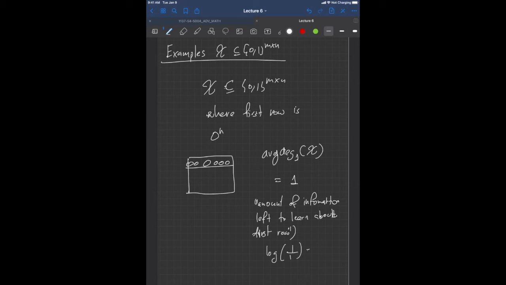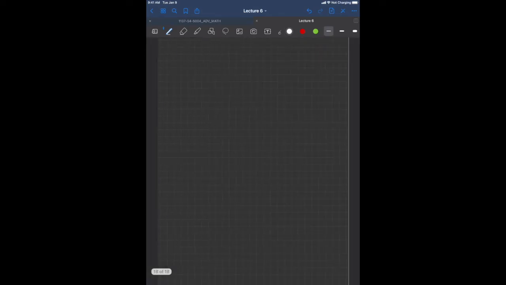So this is like log 1 over 1, and that is 0. So there's no amount of information that is left. And this should be the case, right? Because they know what that is completely. Yeah. So in this situation, our information works very well. So this is example 2.